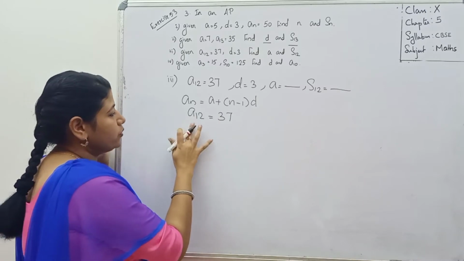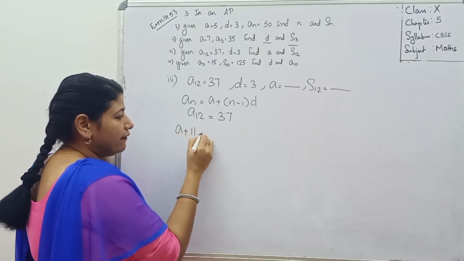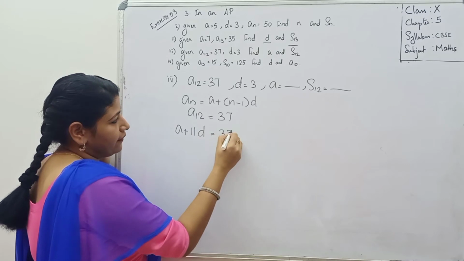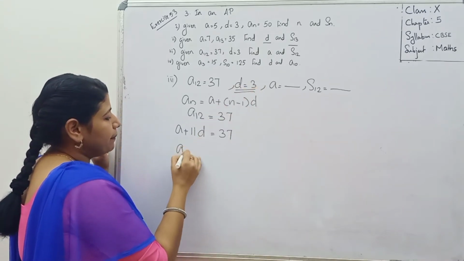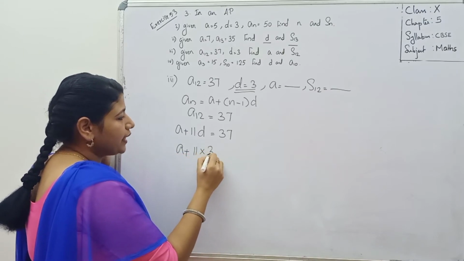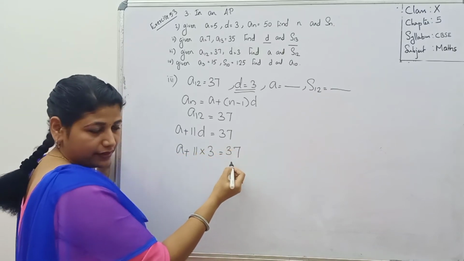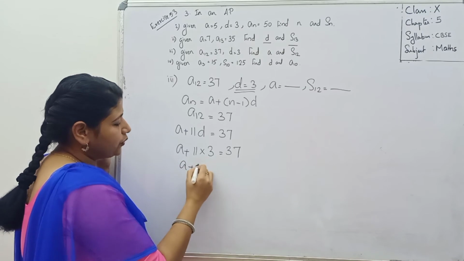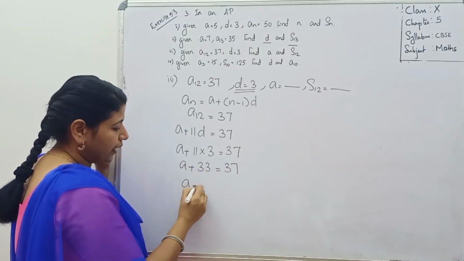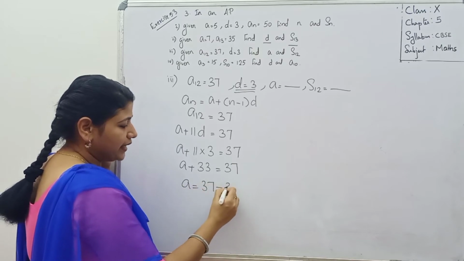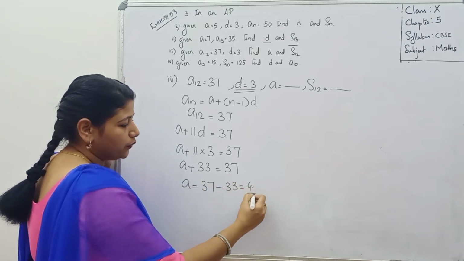To find A12, A plus 11d which is 37. We know that d is 3. Substitute here. A plus 11 into 3 equal to 37. So A plus 33 is equal to 37. So A equal to 37 minus 33 which is equal to 4.